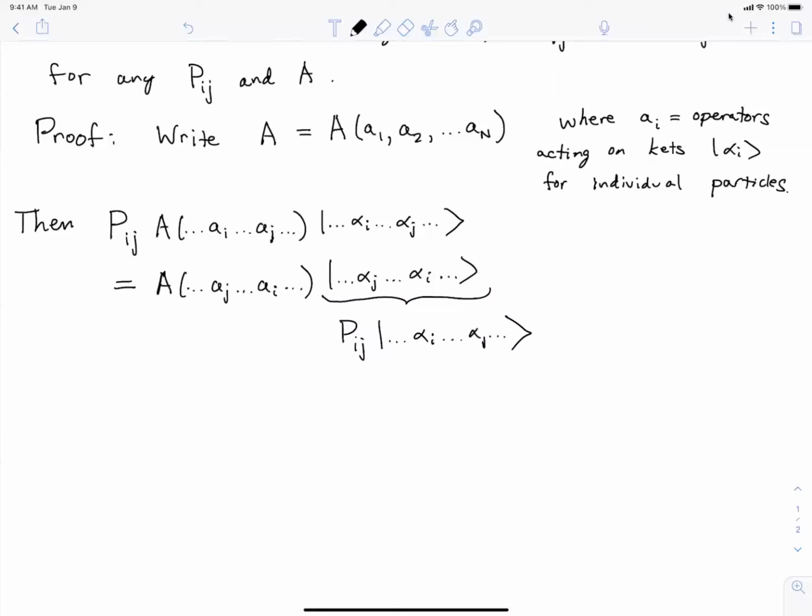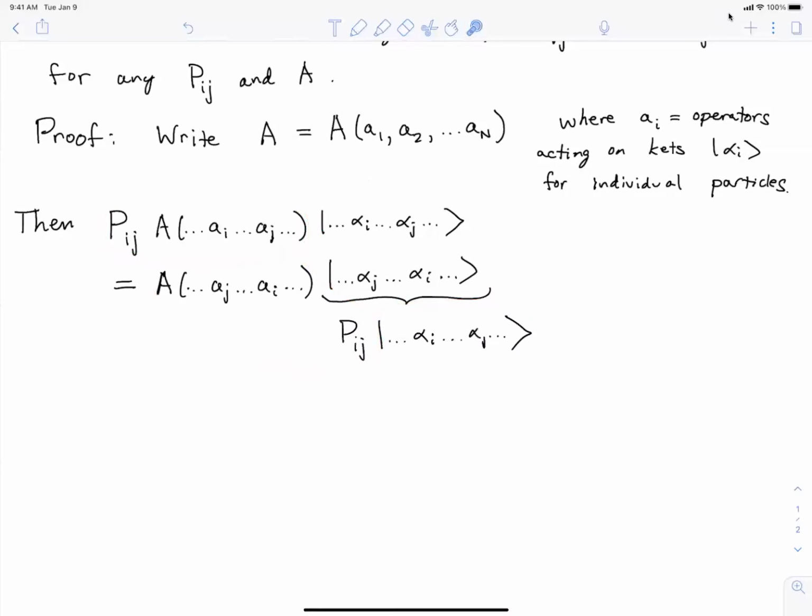Okay, and so now if I compare what I've got here, in both cases, the first line and the last line, I'm acting on the same state. And that's supposed to be a set of basis states. So if it's true for a set of basis states, it has to be true for the operators. And so this right here has to equal this right here.